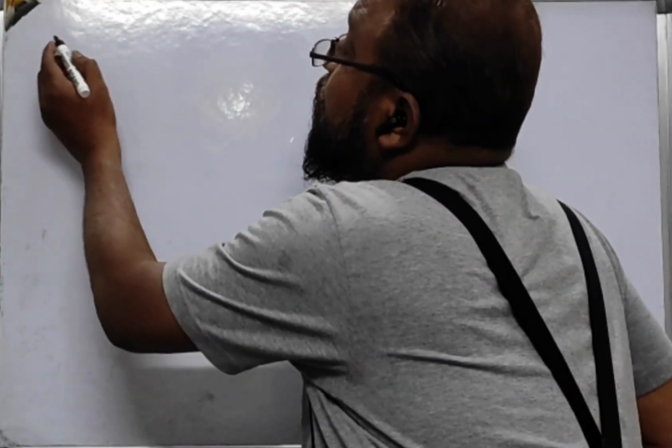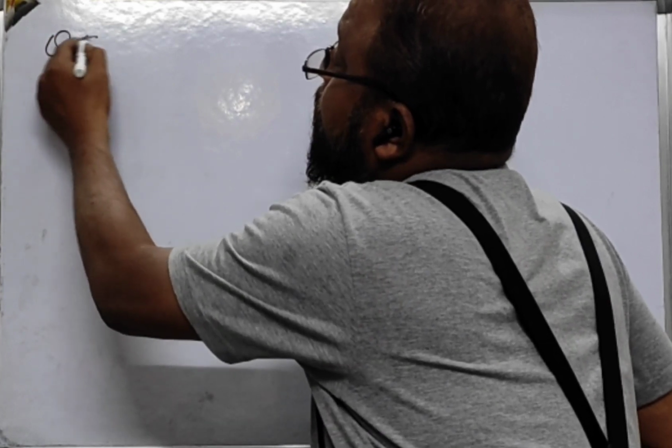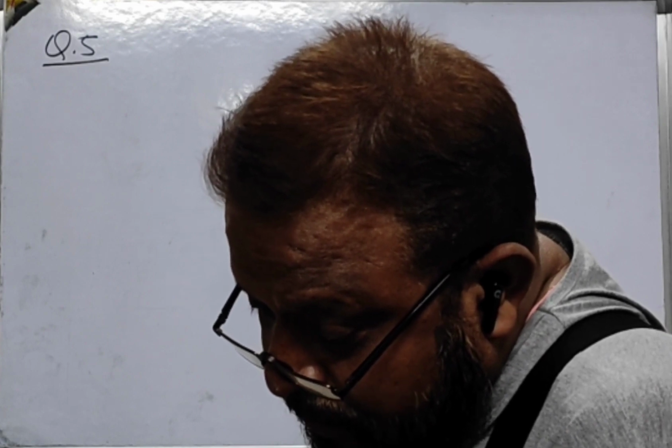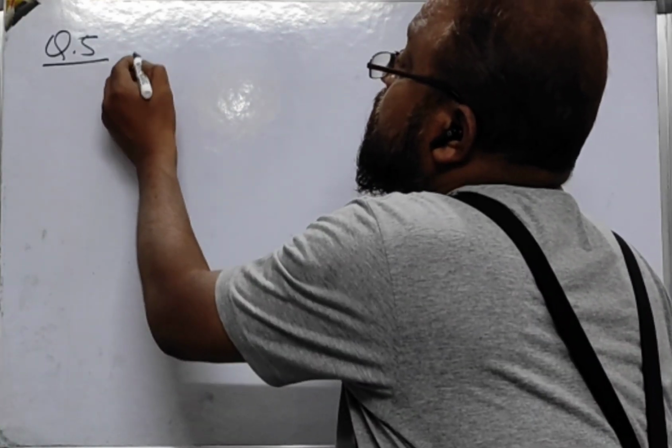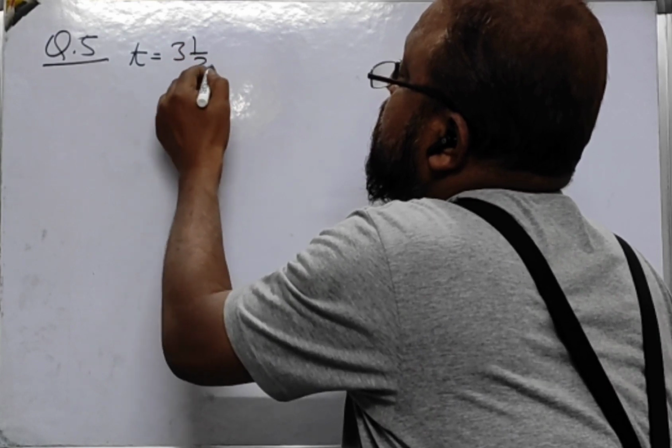So continuing with recurring deposit today, also question number 5 from Selena. The question is: a man has a recurring deposit account in a bank for 3.5 years. Time is 3.5 years.